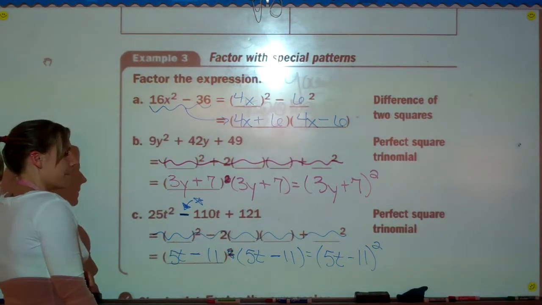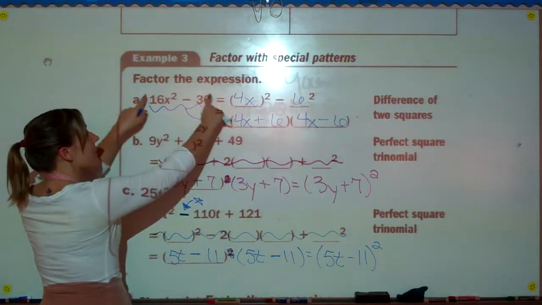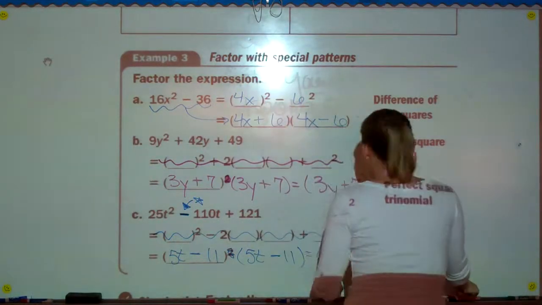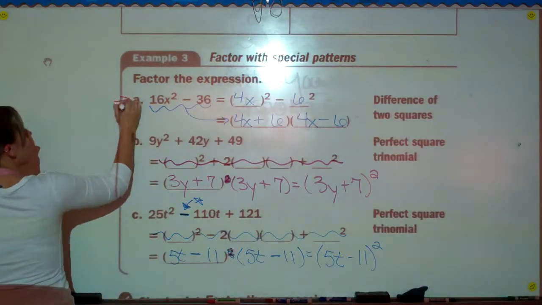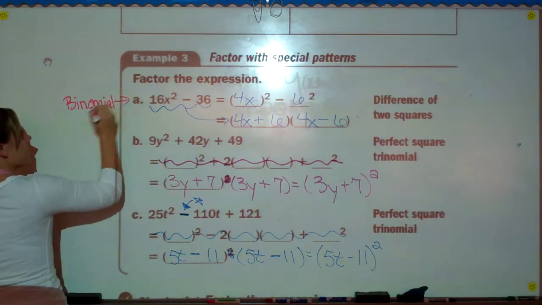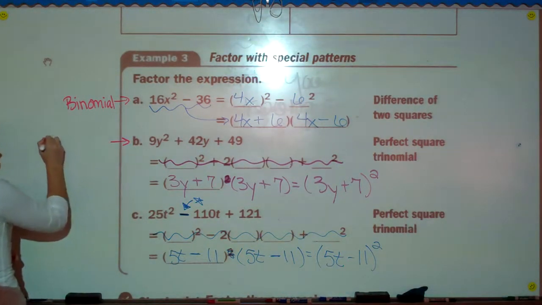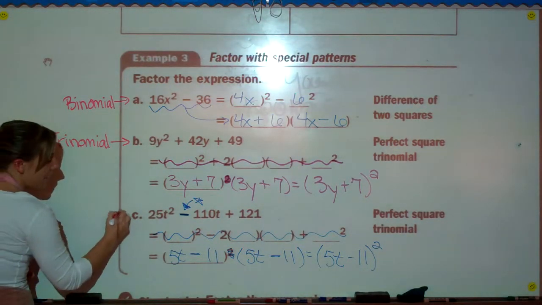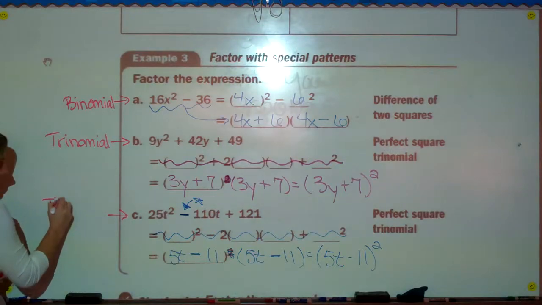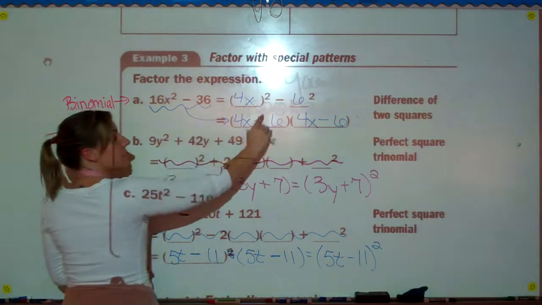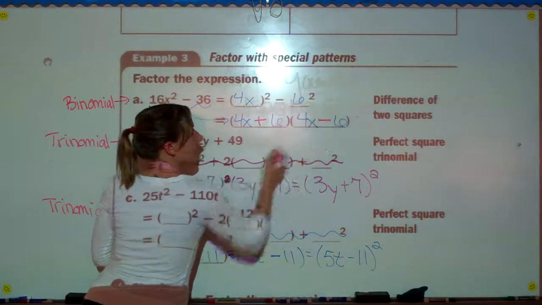Now this is different than this because this only has two terms. That's a binomial. And we put that on our flow chart. That's the pattern of a binomial. These are trinomials. And that's why you put the same sign. The binomial cancels out positive and negative.